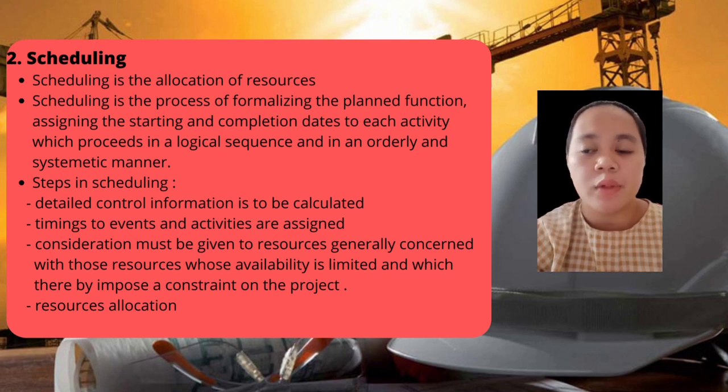Steps in scheduling: detailed control information is to be calculated, and timing to events and activities is assigned. Consideration must be given to resources generally, especially those whose availability is limited and which therefore involve constraints on the project. Resource allocation.